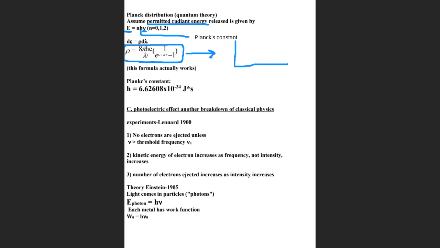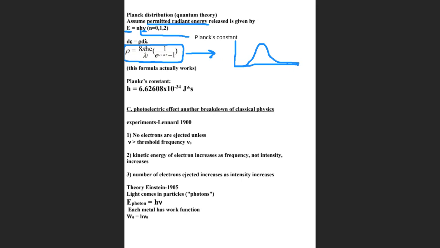In other words, if you plot rho, you get the curves that are observed in real life. We're not going to plug in anything to this function or otherwise fool around with it. I just want to observe that the black body theory was fixed.